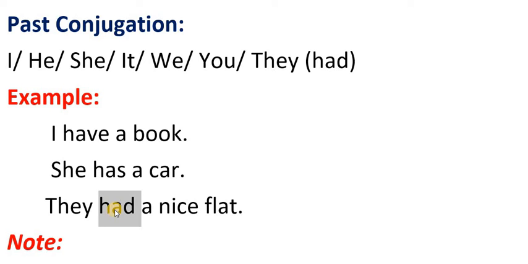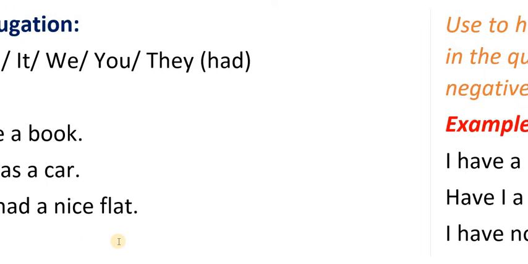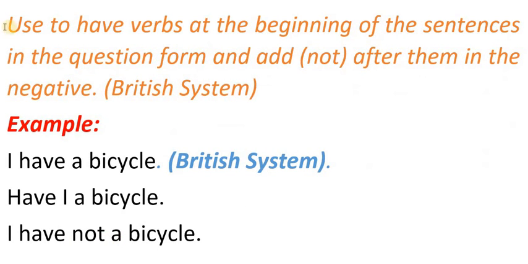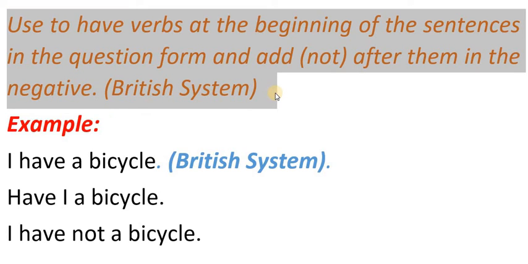Before we end our topic, we've got a note as it's written here. Let's read the note. Use to have verbs at the beginning of sentences in the question form and add not after them in the negative. In the British system, it means that if we want to speak British English, we should use the to have verb at the beginning of the sentence.